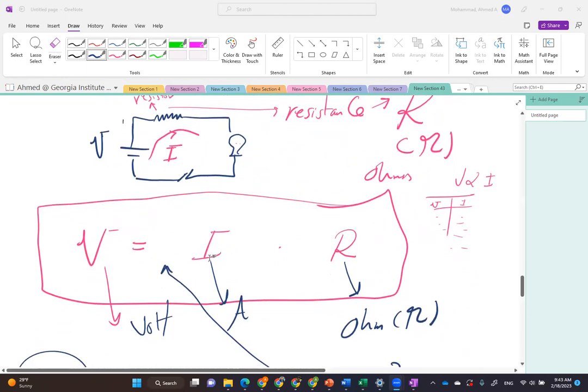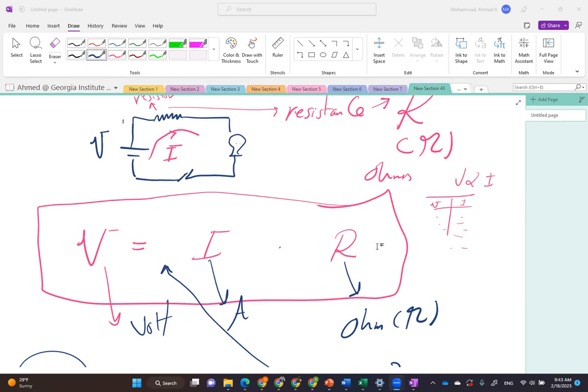According to Ohm's law, Ohm did a simple experiment. He changed the potential difference in a certain circuit and recorded the current each time. He found that as the potential difference increases, the current increases. So he postulated the mathematical formula: V equals I multiplied by a constant, which is resistance.